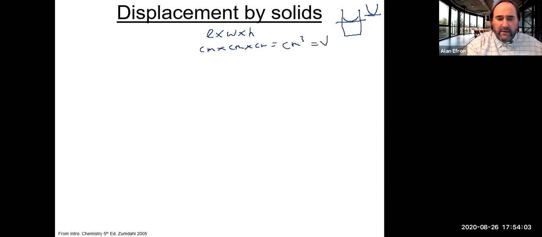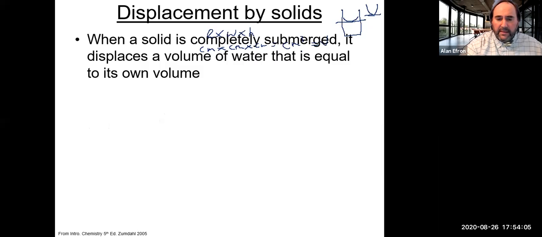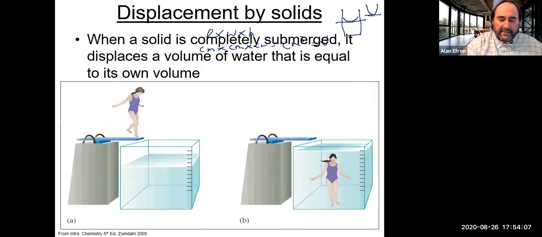Now, a third very common way to get a volume is what is known as volume by displacement, and it especially comes about when we talk about density. The basic idea is that if you put a solid object in a liquid like water, it will displace a volume equal to its own volume. For example, before she dives into this pool, there is an initial volume where the water is at.